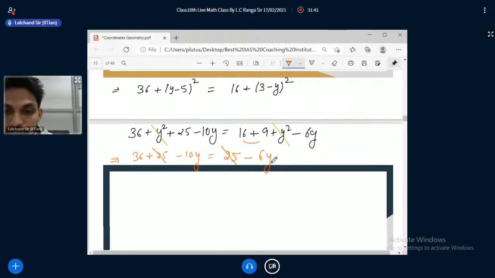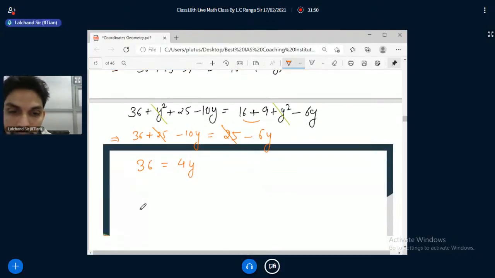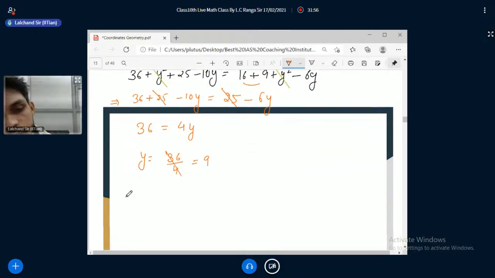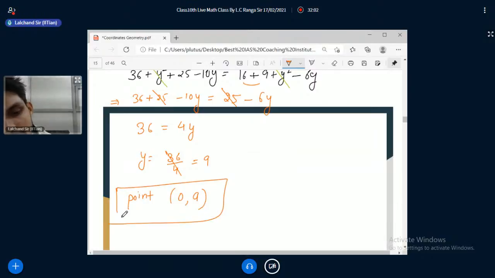The 25 also gets cancelled. Then if we transfer this to this side, we have 36 equal to 4y, and the value of y will be 36 by 4, that is 9. So our point will be 0, 9, isn't it? This is the value for our point.